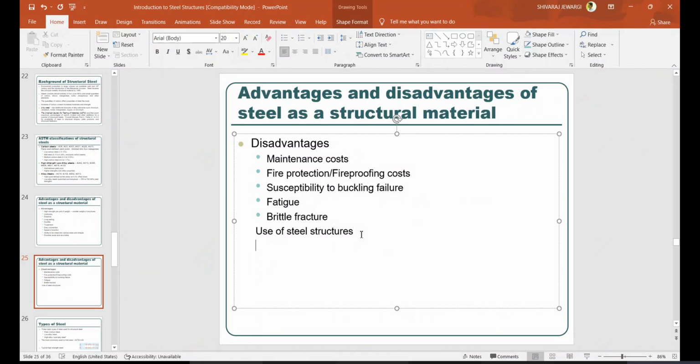Yes, tell me. Long span structure, correct? I will type here long span structure, because you need to remember these things. You should be able to tell the applications of steel structures.